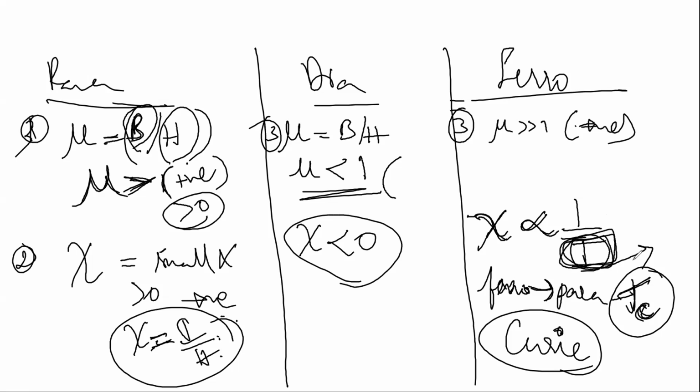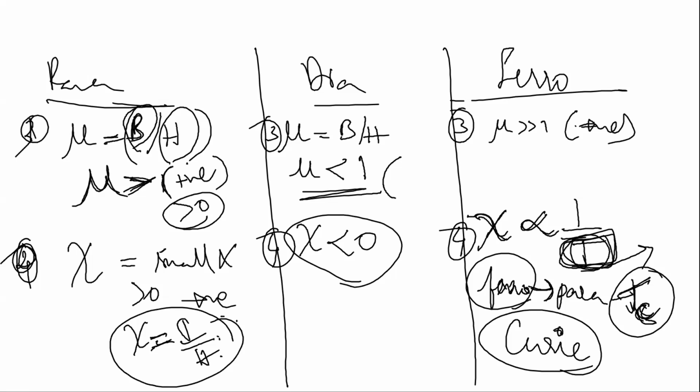If you increase the temperature more and more, after the Curie temperature, the ferromagnetic material turns into paramagnetic material. All these four properties you have to write down in your examination. This is nothing but a classification of magnetic materials.